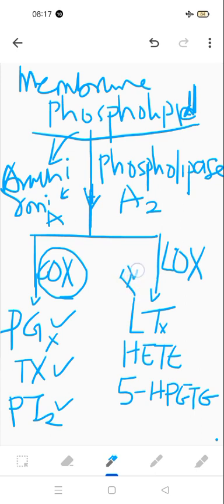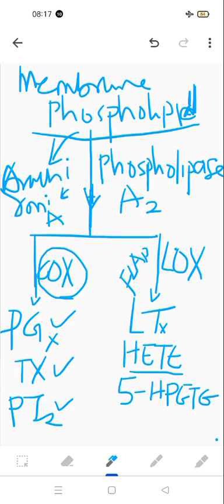So it undergoes this lipoxygenase pathway to give leukotrienes, or 5-hydroxyeicosatetraenoic acid, that's HETE, or 5-hydroperoxyeicosatetraenoic acid.